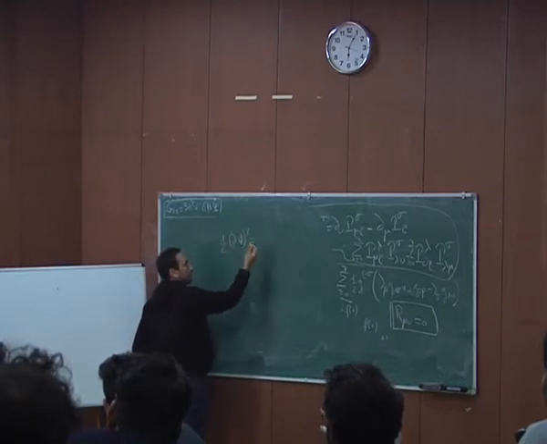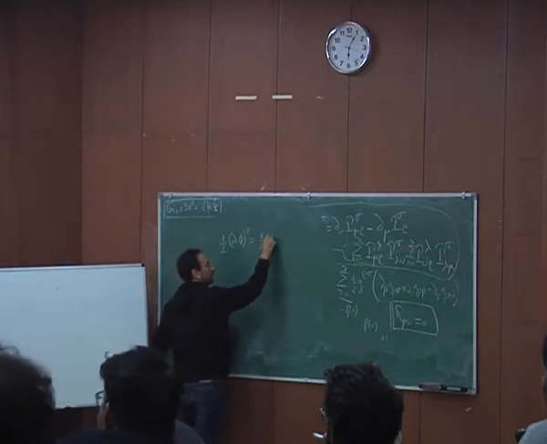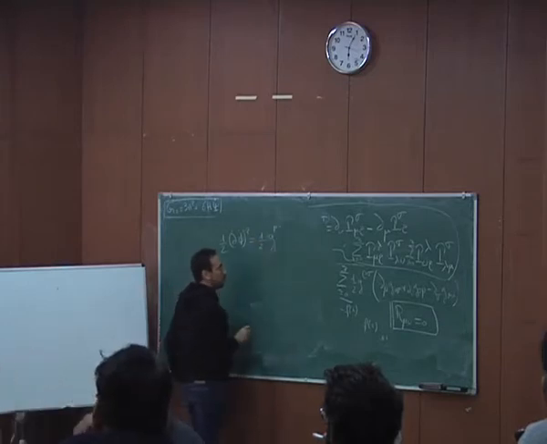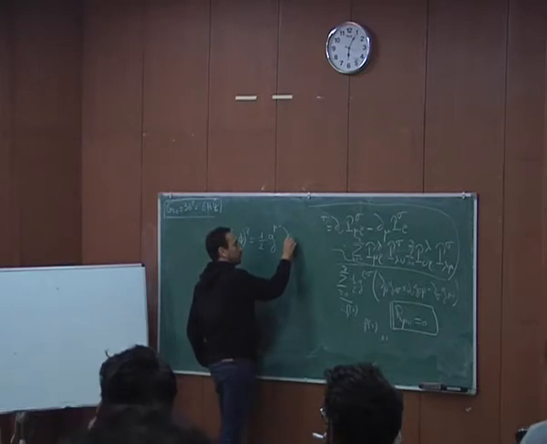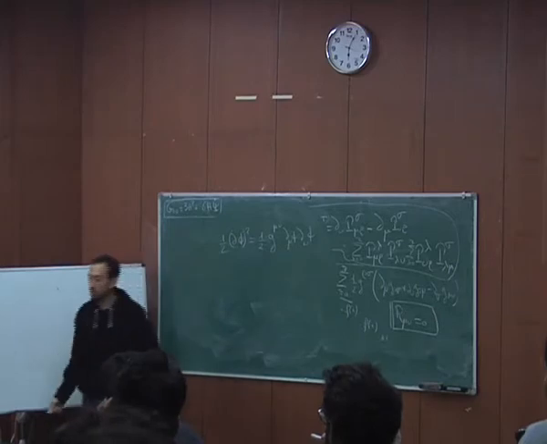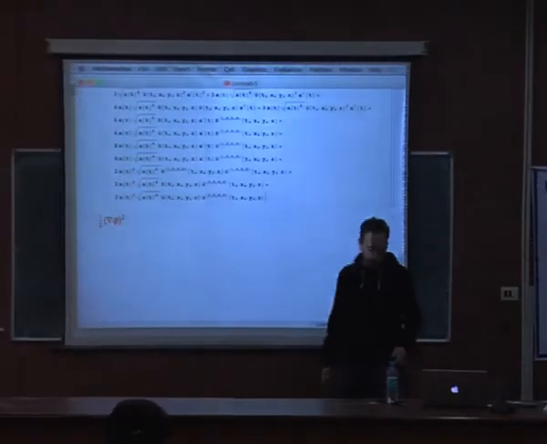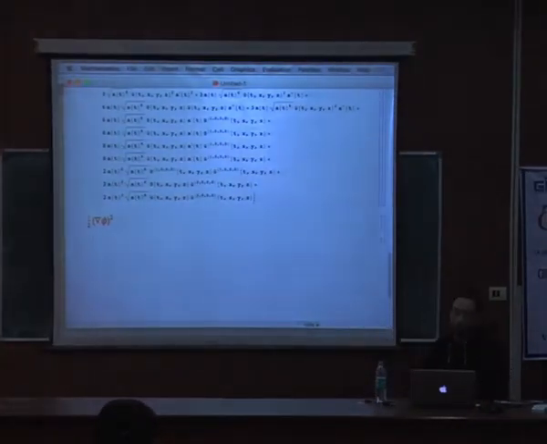A kinetic term like this is just 1/2 g with indices up, d mu phi, d nu phi. Okay, so I will do that. I will take a scalar field. I will suppose that we are in cosmology, so my scalar field depends only on time. So I will consider just a scalar field which depends on time. And I will take the derivative with respect to x mu.